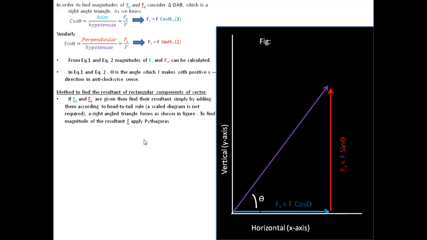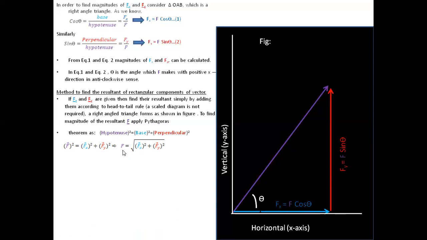What is Pythagoras theorem? Pythagoras theorem says that hypotenuse square is equal to base square plus perpendicular square. This line is representing the hypotenuse, this is the perpendicular which is red, and the blue line is the base. Putting in the values, we get F square, which was the force which we want to find out, is equal to Fx, which we already found out over here, plus Fy, which is the vertical force, each squared.